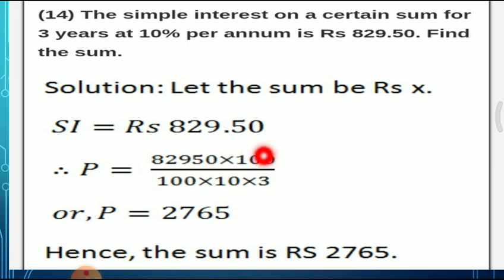The 100 and 100 will cancel here, 0 and 0 will cancel here. So P is equal to 2765. So the sum of money is equal to 2765 rupees.